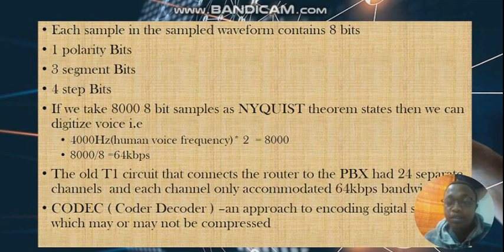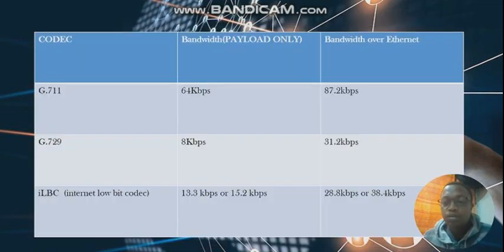Now, there are different codec standards that are used when we are transmitting voice traffic over IP networks, and these come with different bandwidths. Due to encapsulation and decapsulation of packets when you are transferring them over IP networks, you'd have a bandwidth over the internet.